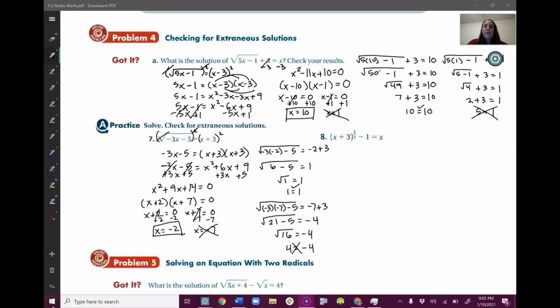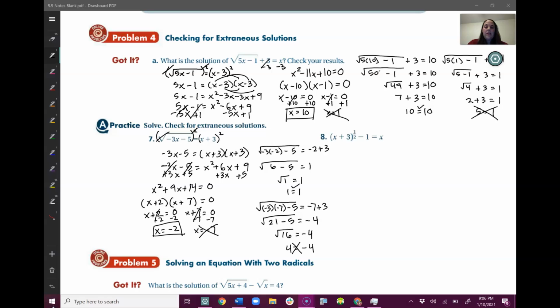Then, because this is a quadratic, I need to bring everything to one side, which I did here, and then factor it. So I factored this to x plus 2 and x plus 7, because 2 times 7 is 14, and 2 plus 7 is 9. Set them both equal to 0, so I got solutions of -2 and -7.